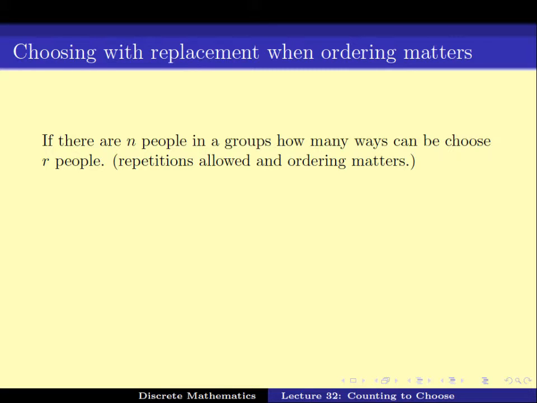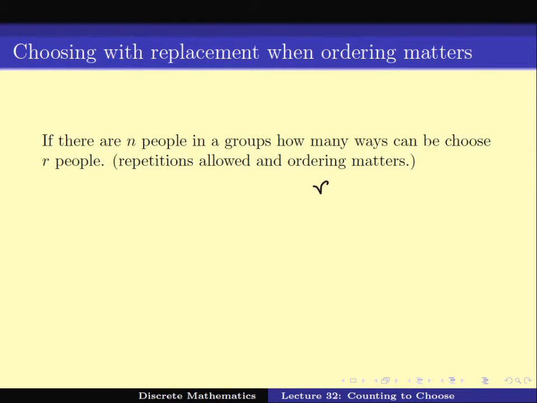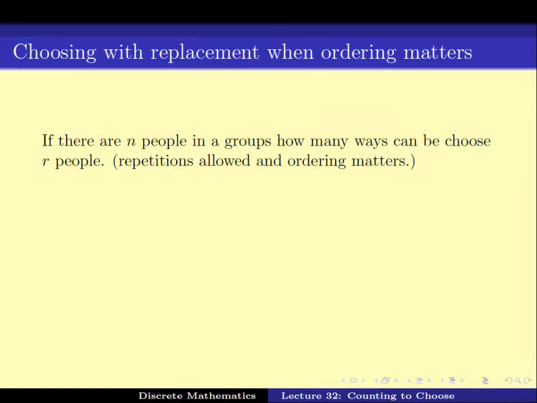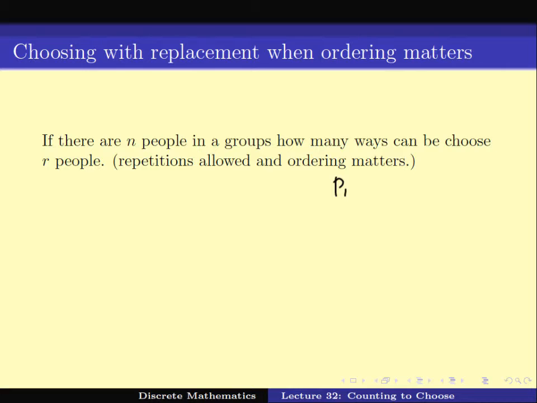So again, how do you answer this question? Let's see. First of all, there are positions, right? We have to choose r people and their ordering matters. So let me call them position 1, position 2, till position r. Now for position 1, I can choose any of the n people, so n.